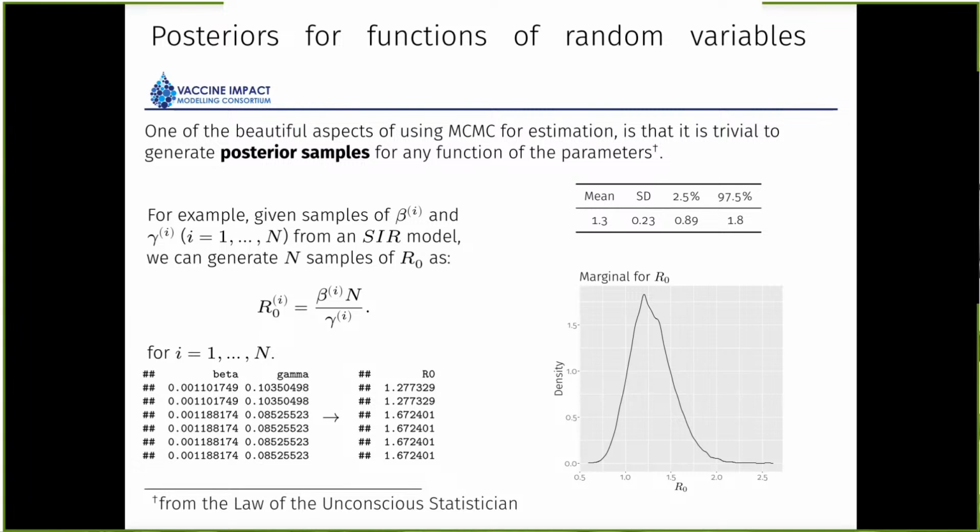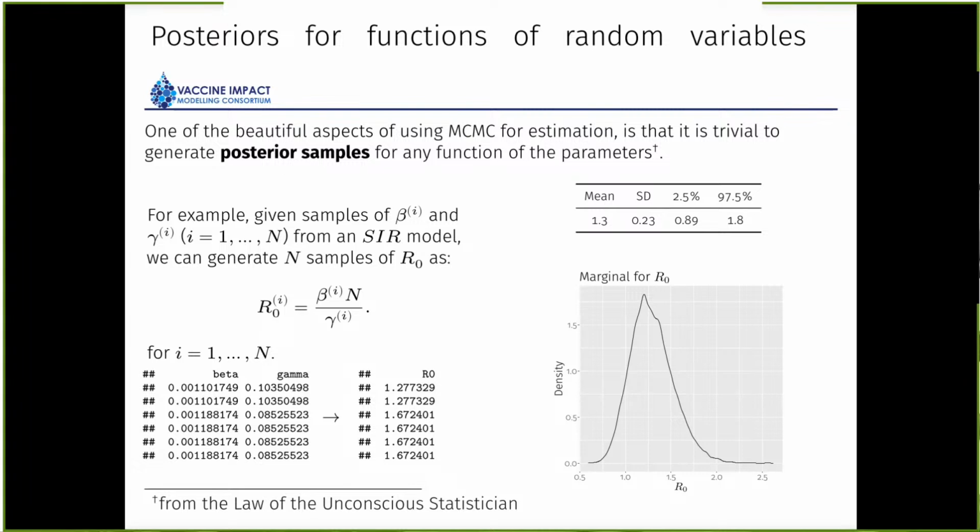My parameters are beta and gamma. So how do I do inference on R0? It's a difficult thing to do. In a maximum likelihood setting, sure, you can get a point estimate for R0, but generating uncertainty is quite difficult because you have to rely on central limit theorems, and maybe that doesn't work if you take ratios of things. So there are technical difficulties.